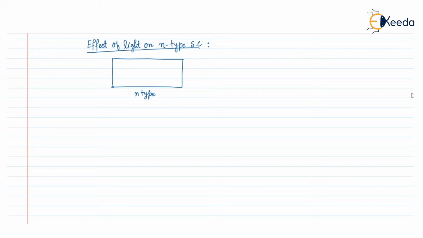Now, at this equilibrium condition, there will be some thermally generated electrons and some thermally generated holes inside the N-type semiconductor, because we have considered that the temperature of this N-type semiconductor is room temperature, that is 300 Kelvin.